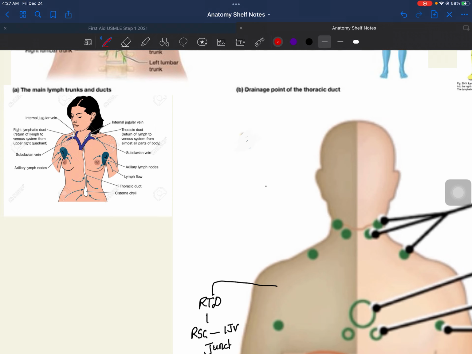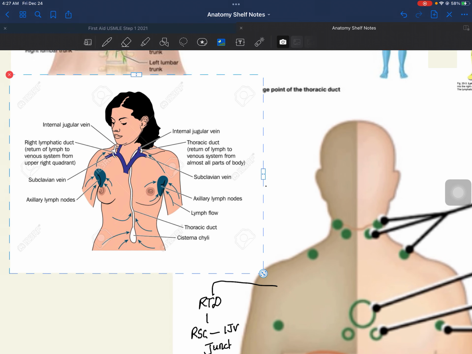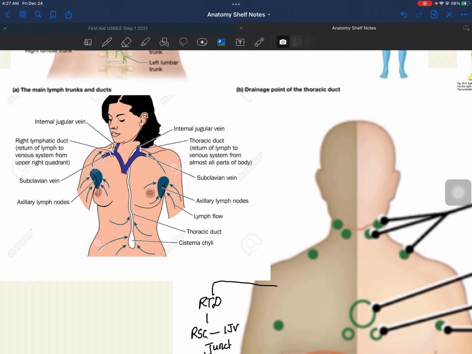Let me open this up so we can see it better. What is this one going to talk about? This is how they're showing the cisterna. This is the cisterna, and this is the thoracic duct.